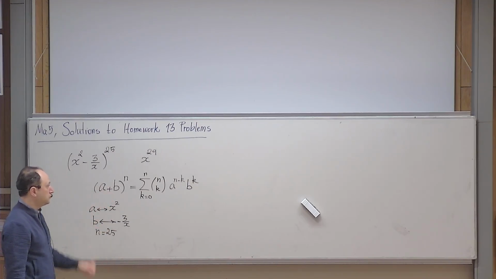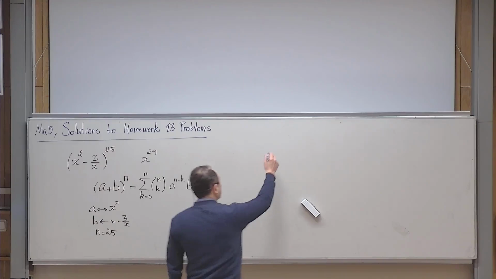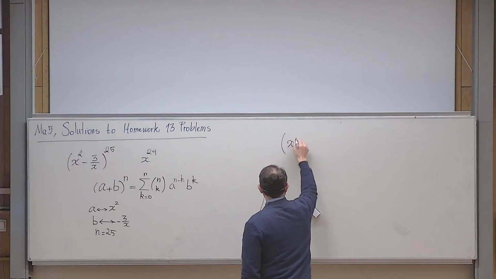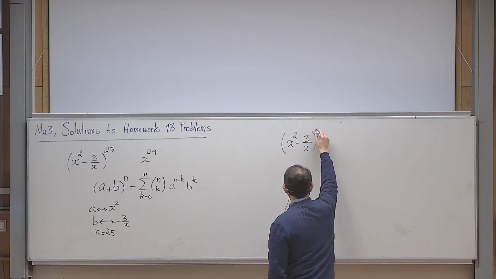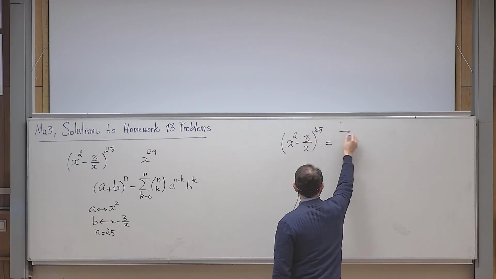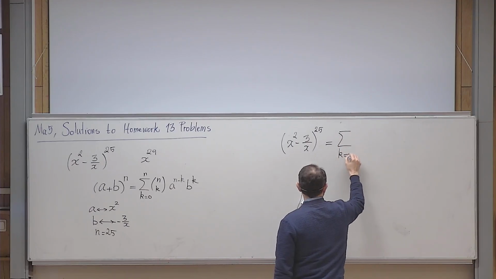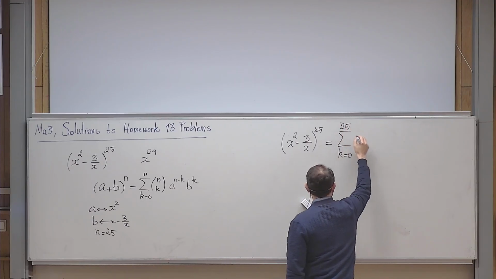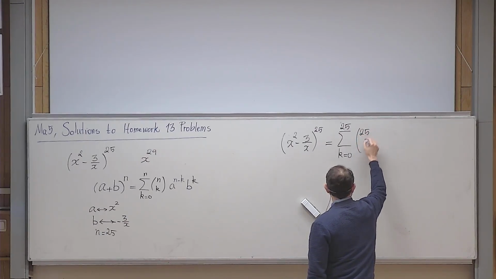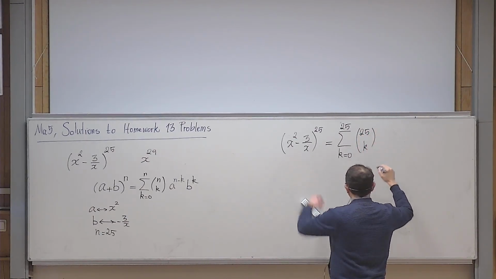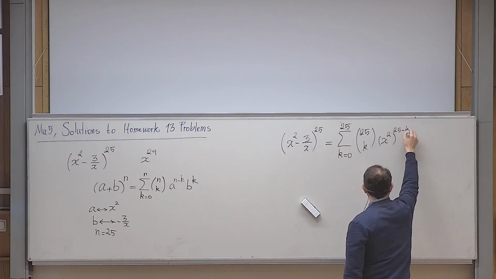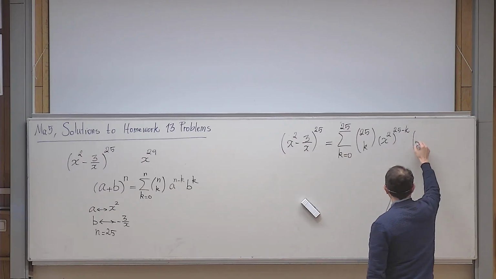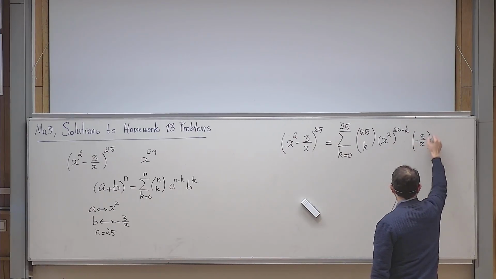And then I put them in the formula, so it becomes (x squared minus 3 over x) to the power of 25 is equal to sigma, k goes from 0 to 25, and then I have 25 choose k, a, which is x squared to the power of 25 minus k, and then multiplied by b, which is this one, to the power of k.